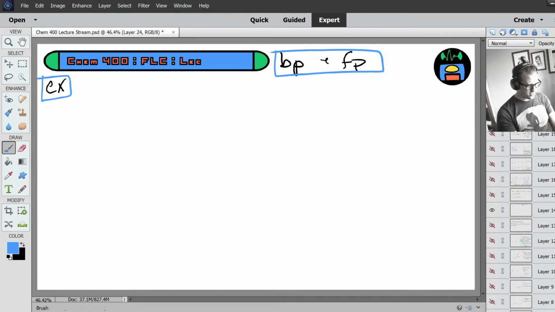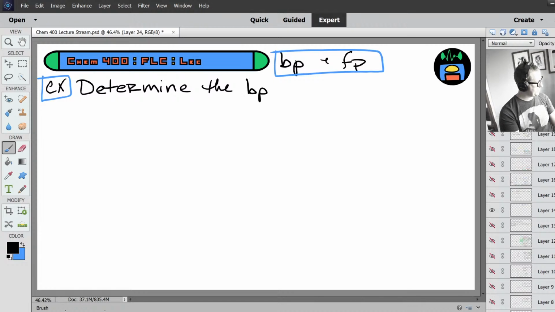So let's start with this one. Let's determine the boiling point of an aqueous solution.